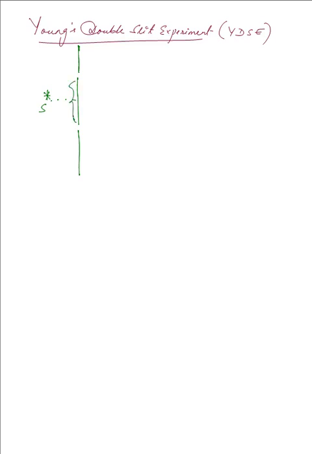So this being d, the half distance we'll take as d over 2 from the middle, and at a distance of capital D, we are placing a screen where we wish to obtain the interference pattern.